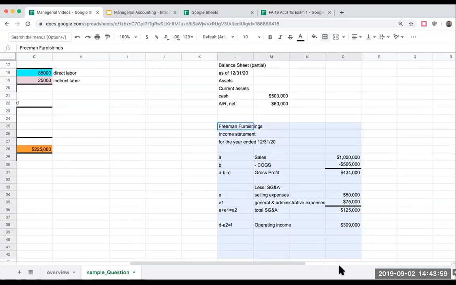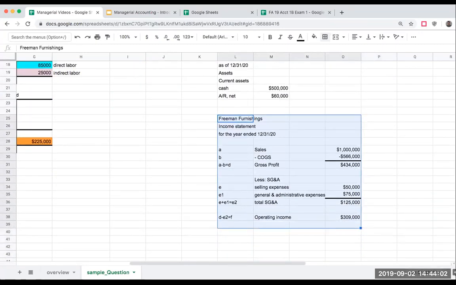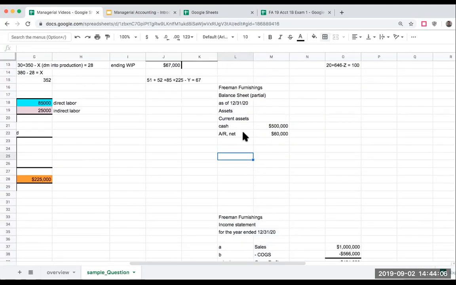My inventory for a manufacturer is really in three different components. I have my raw materials inventory, my work in process inventory, and my finished goods inventory. So my total inventory is going to be right over here.